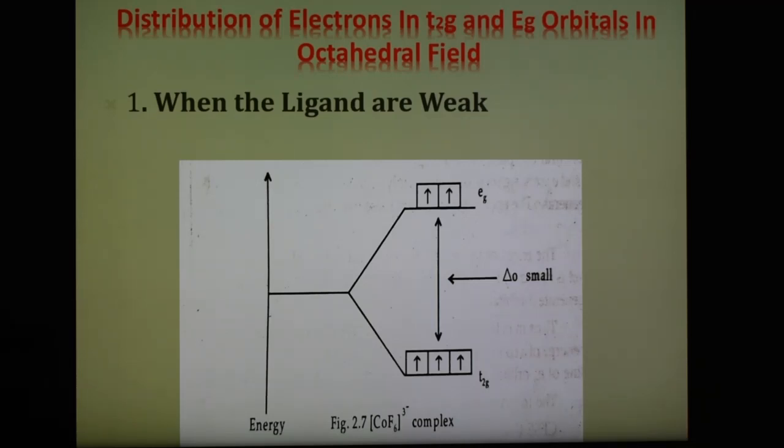An important feature is that in the formation of such a complex, delta O is less than P. P is the pairing energy, which is the energy required to pair two electrons in the same orbital. So this is the one case when the ligands are weak, and delta O is small.